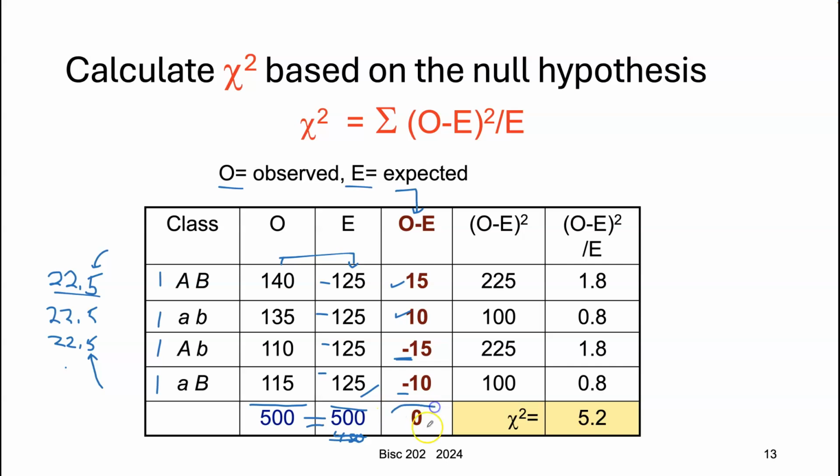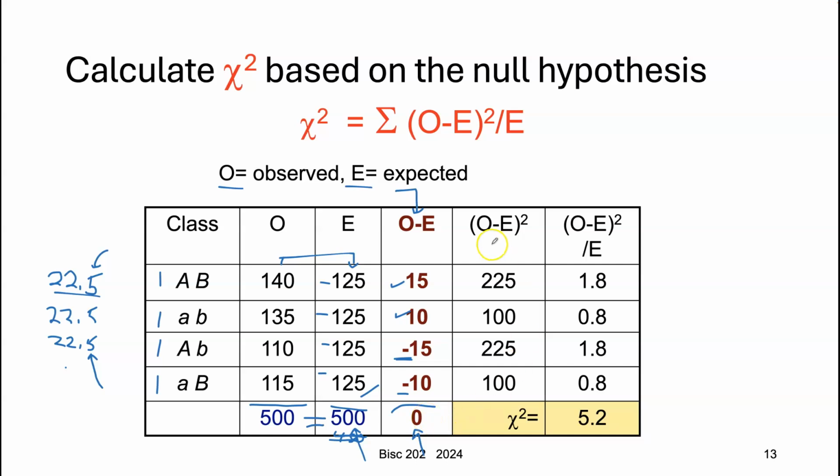When you add it up, it should come to 0, because if some of the numbers are higher than expected, the others should be the same proportion below the expected values. So a good problem solver checks their work. Make sure the total adds up to the same total. Make sure the observed minus the expected add up to 0.